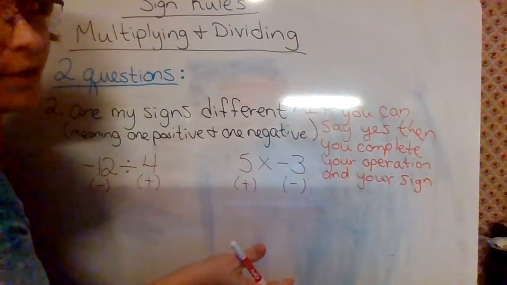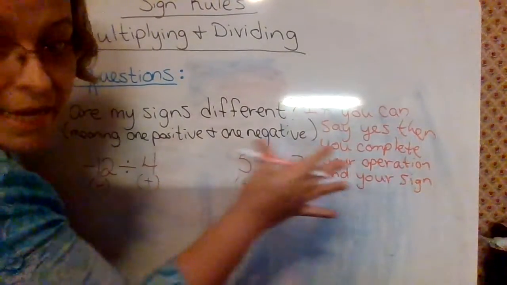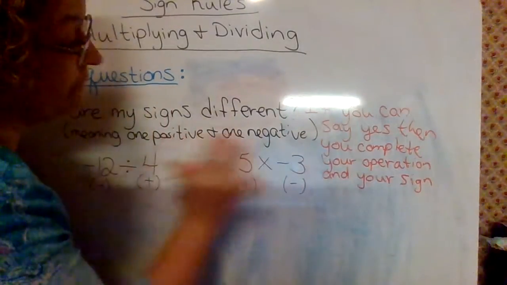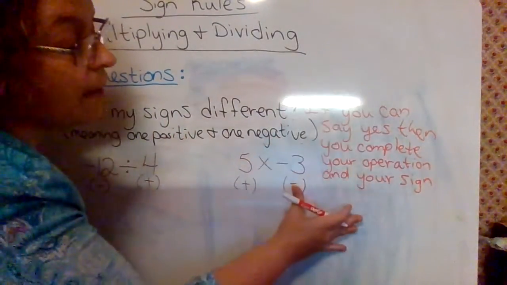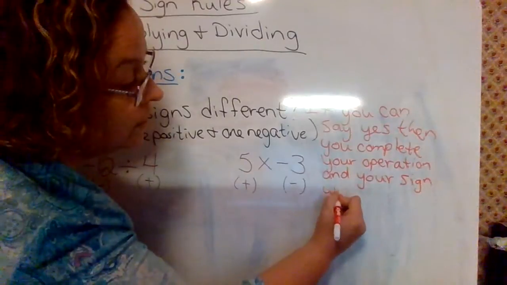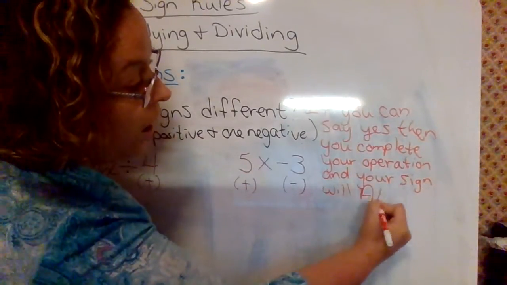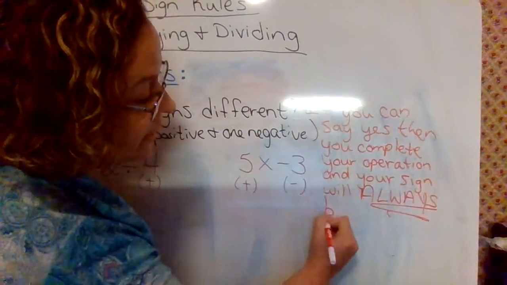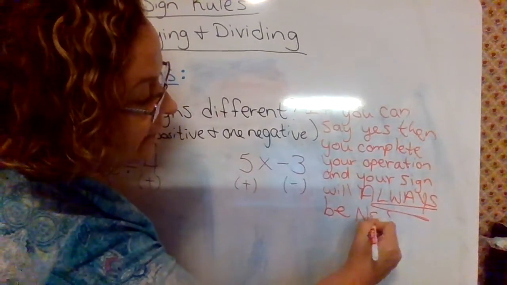I told you this is where the important part came from in the last one. Here's the important part for this one. So if they're different, you complete the operation and your sign will always be negative.